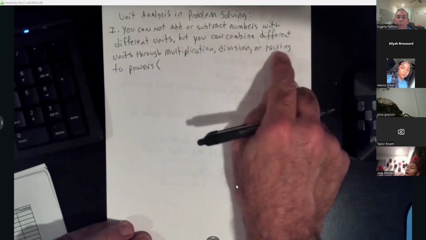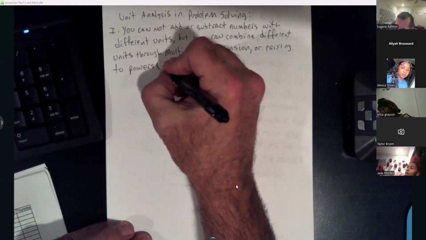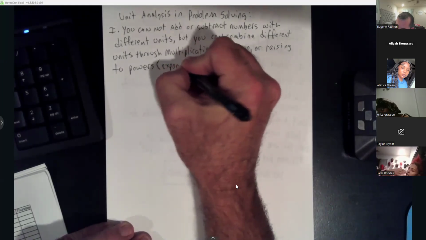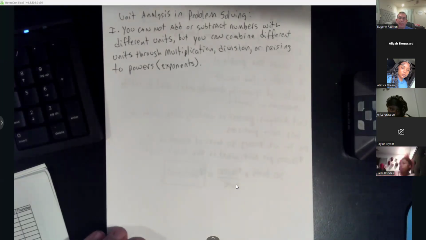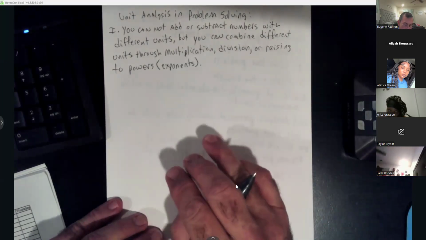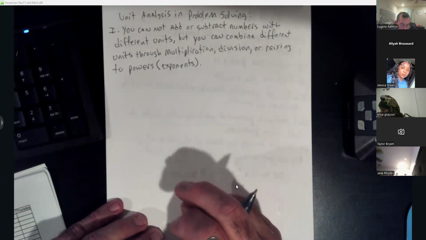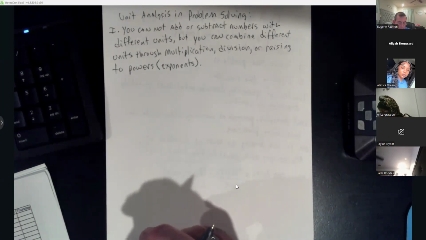And y'all, when I'm talking about raising the powers, we're talking about exponents. Like squaring something and cubing and stuff like that.